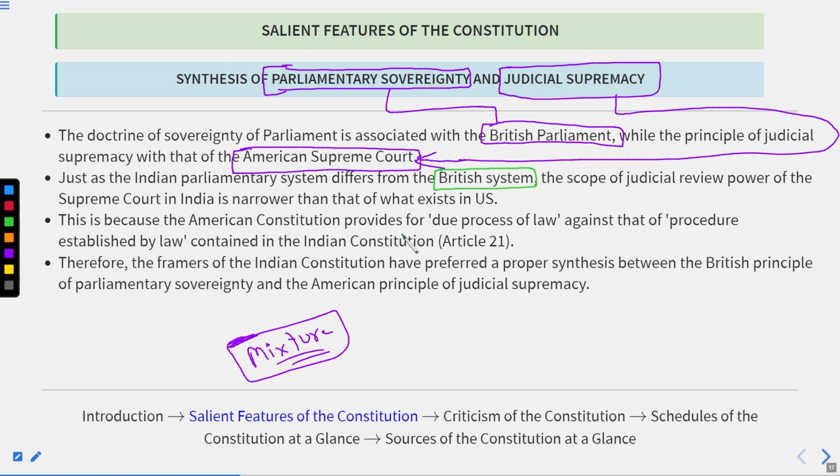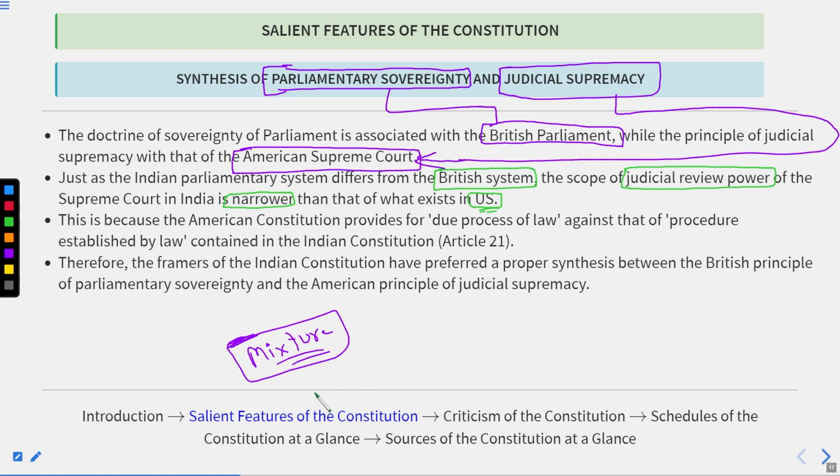We borrowed judicial supremacy, or judicial review power, from the American Constitution, but the scope of judicial review in India is narrower than in the US. That's why we made a mixture.